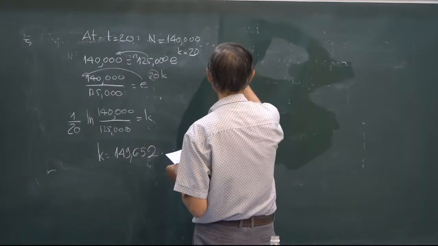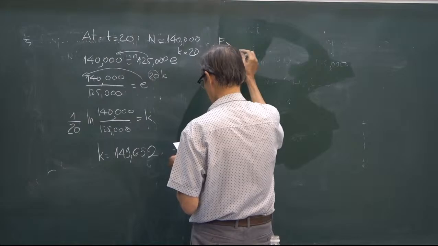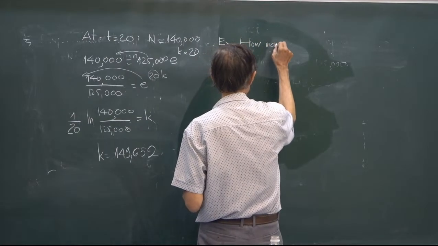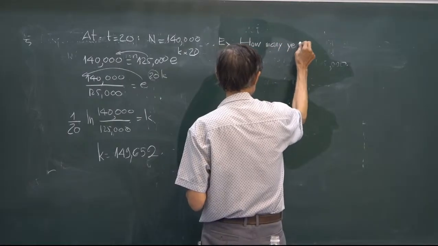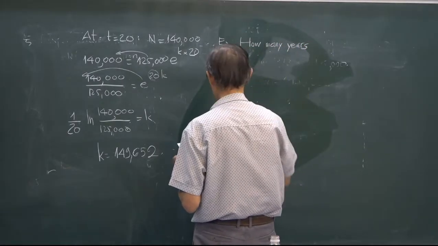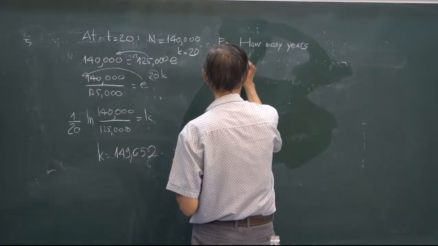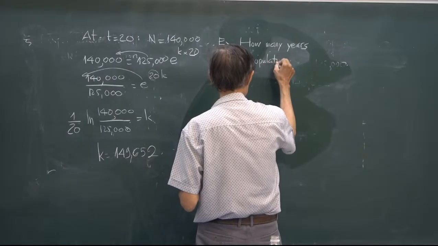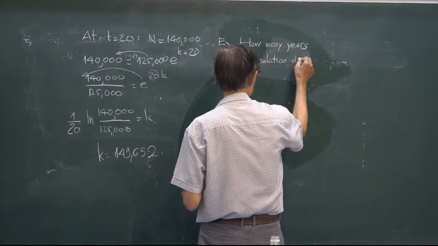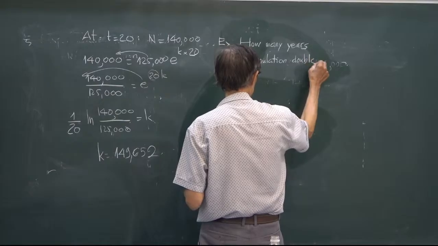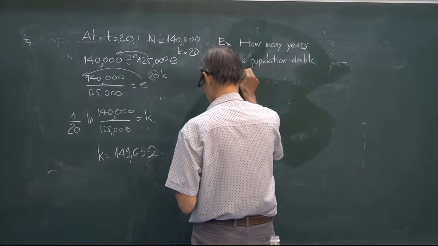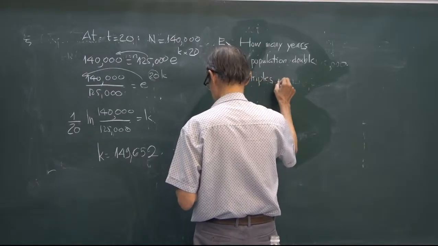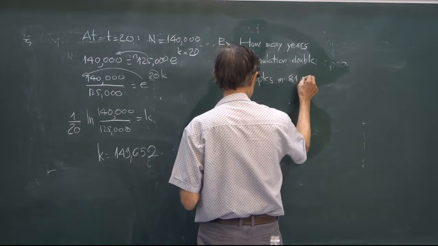Now another example. How many years will a population double if it triples in 81 years?